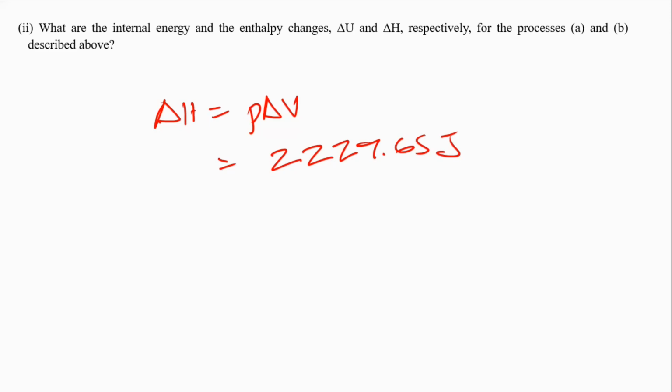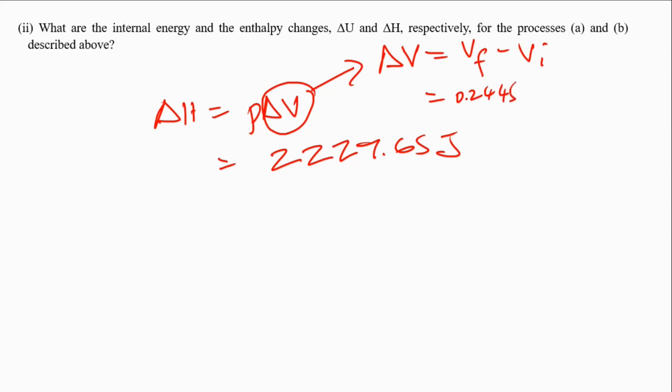Earlier, we calculated delta V, and we said that delta V, of course, is equal to V final minus V initial. The final volume was something like 0.2445, and when we subtract the initial volume, which was 0.02445, and both of these are meters cubed, that's delta V.